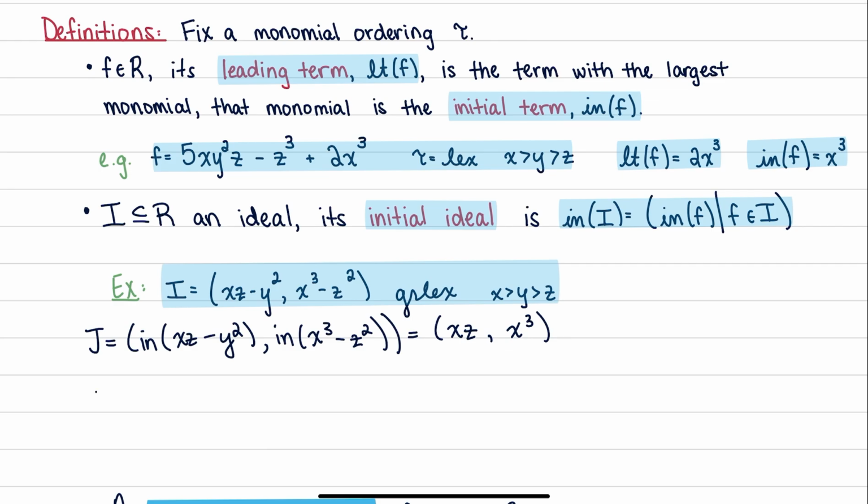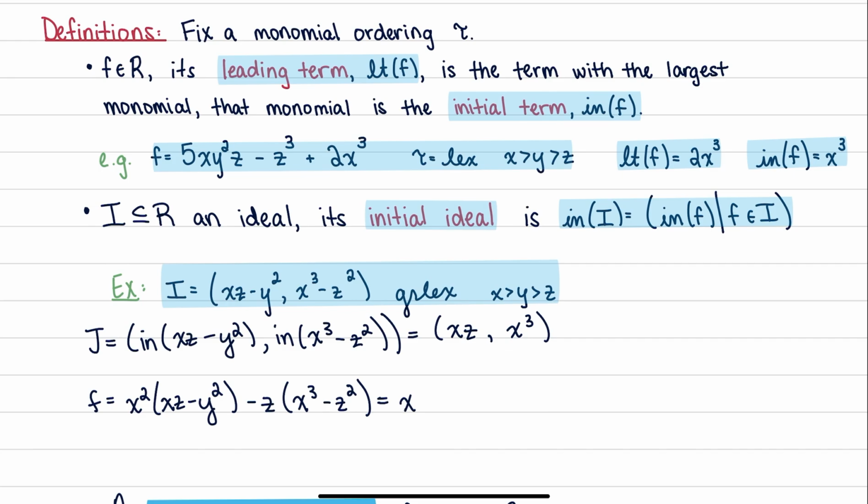Now let's consider f. And I'm going to take f to be x squared times this first generator, and then minus z times the second generator. So what do I get here?